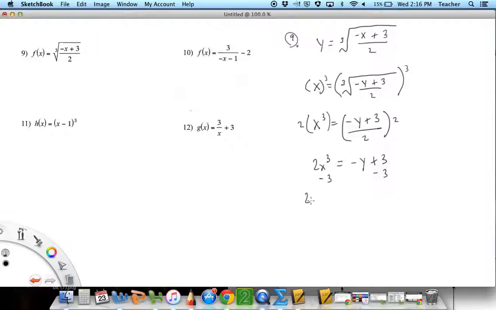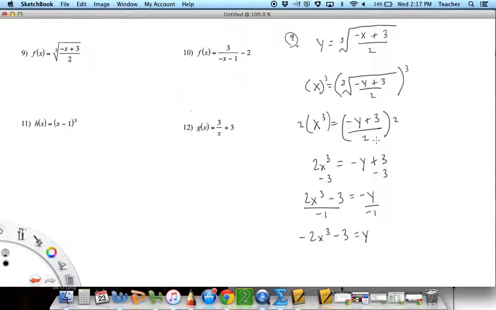Now I have 2x cubed minus 3 equals negative y, and my final step is to divide by negative 1, which changes all the signs: negative 2x cubed minus 3 equals y. Okay, and so this is the inverse function of this particular function.